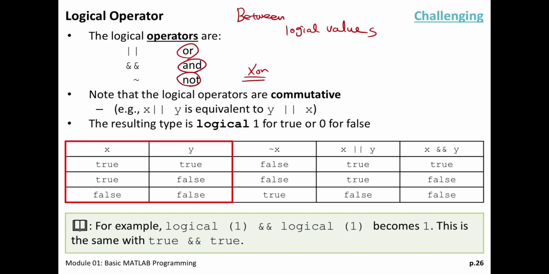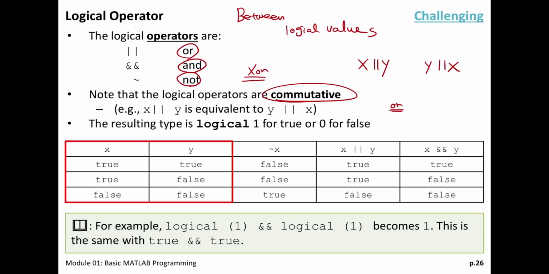These 3 operators are commutative. For instance, this one is the same as this one. Okay, let's see them one by one. The OR operator: the expression is true if at least one true exists in either X or Y. Otherwise, false.